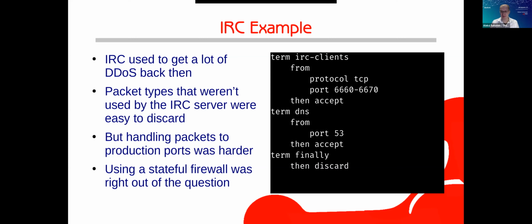Of course, these examples on the right hand side of the slides are big simplifications. A real IRC server needs a lot more than just the IRC ports and the DNS port, because when a user connects to the IRC server, it probes the user's IP address and checks for all sorts of malware and proxies, because that's a big part of how abuse enters the network and the IRC network.